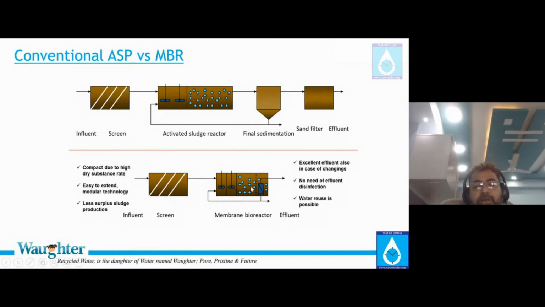You can see aeration in a smaller area compared to that, retaining the same biomass. How? Because here the biomass concentration was only 3,000 to 4,000, and here you have a concentration of maybe 10,000. So simple mathematics: to maintain the same sludge, the volume required here is one-third. Here 3,000, here 10,000.